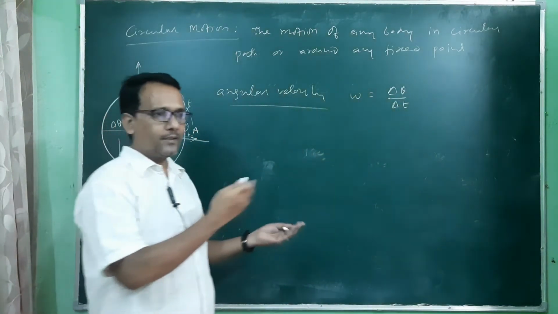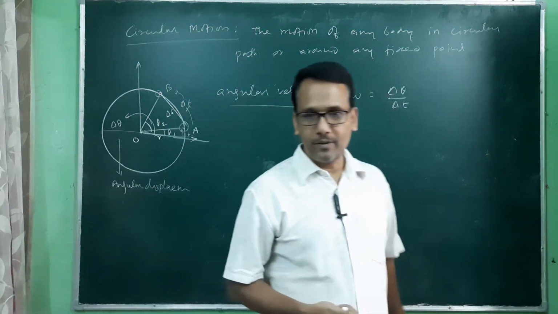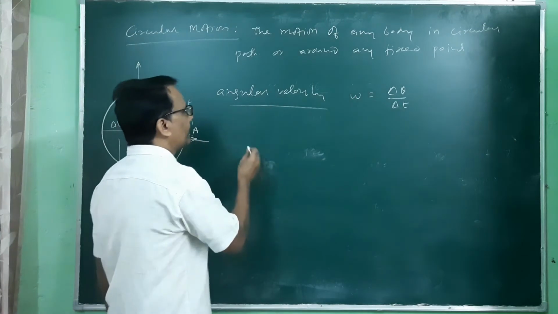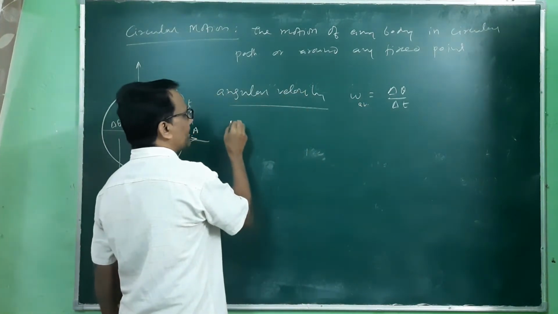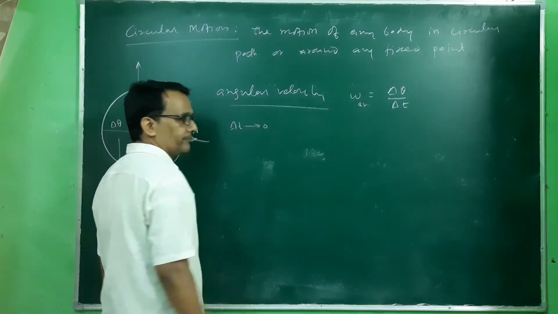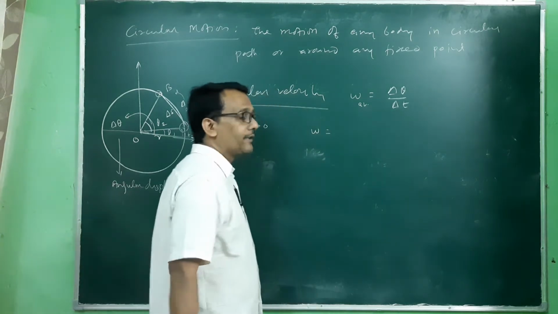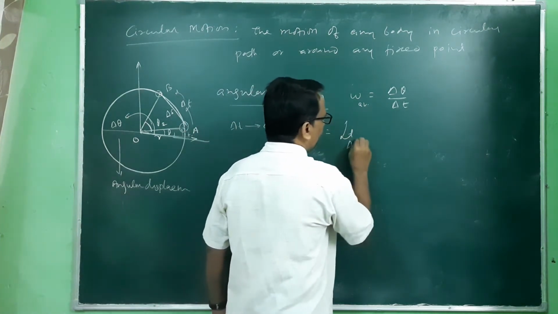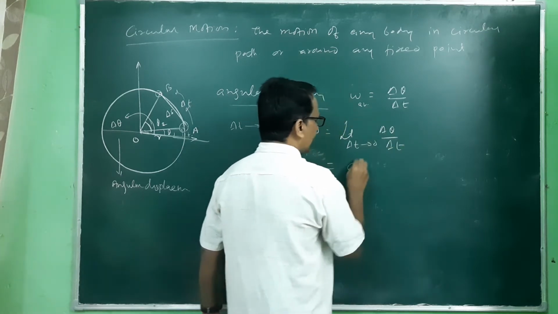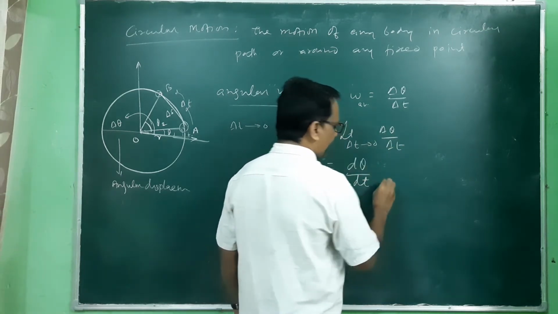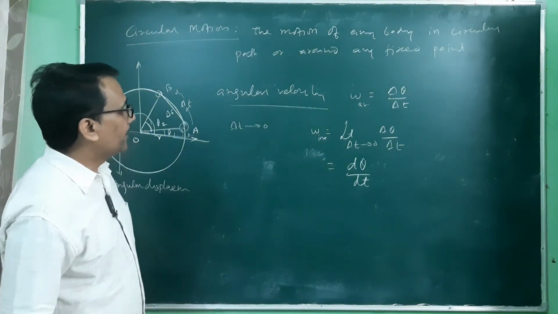And obviously we can subdivide this into average angular velocity and instantaneous angular velocity. So this is the average, and if delta t tends to 0, then the instantaneous angular velocity omega will be equal to limit delta t tends to 0 of delta theta by delta t, and this is d theta by dt.